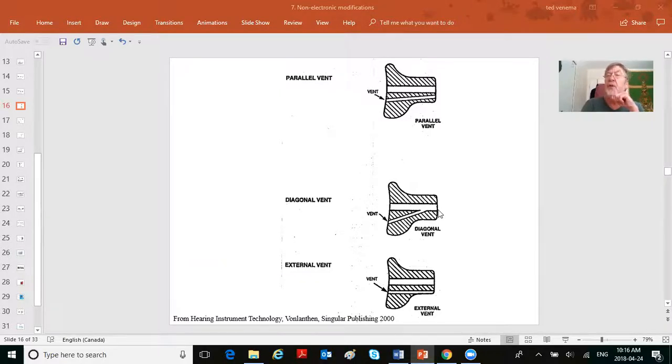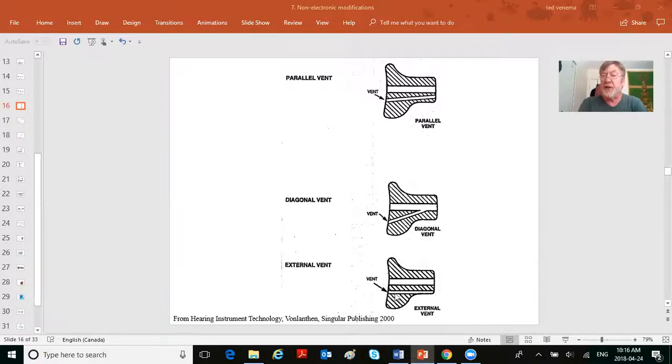They were put in when there literally wasn't enough real estate in your ear canal to handle the 2 parallel tunnels. So parallel vents are the best, but in some people with small ear canals, they made a diagonal vent, and that's not as good, because not only lows escape, but also highs. So you're really reducing. It's not a very good way to do it.